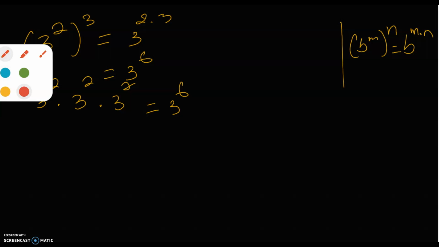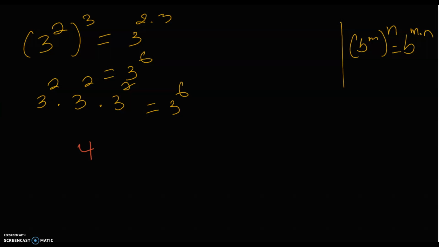Imagine you have 4 to the fourth power raised to the fifth power. The answer is 4 to the fourth power times 5, which is 4 to the 20th.